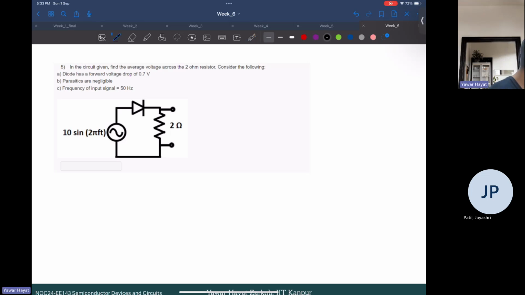Okay, so when does the diode turn on? It has a forward voltage drop of 0.7 volt, right? So can I write the following?